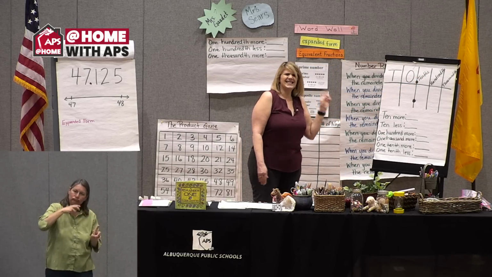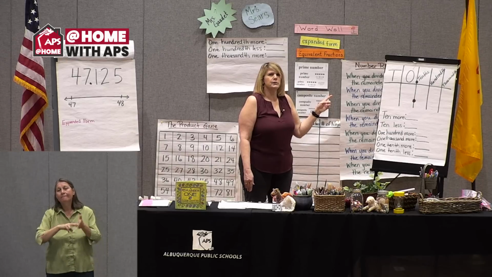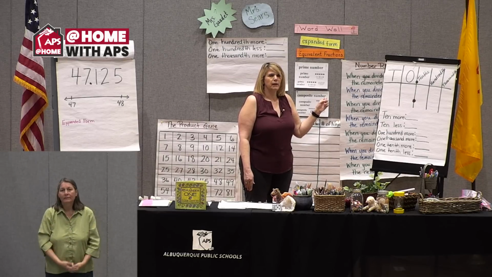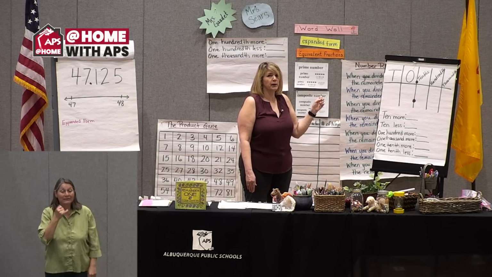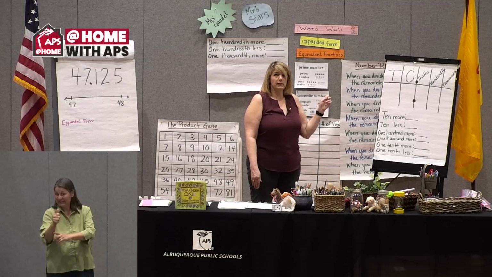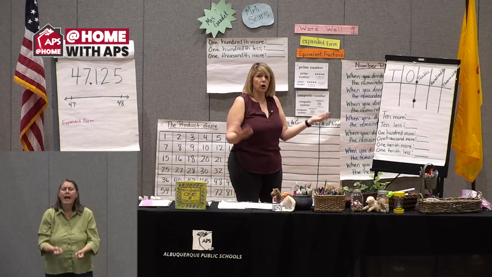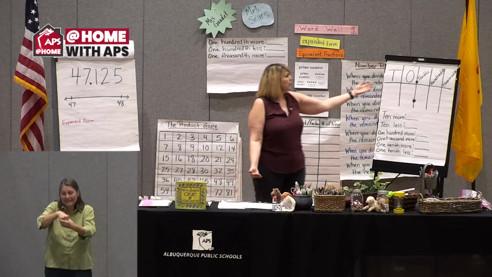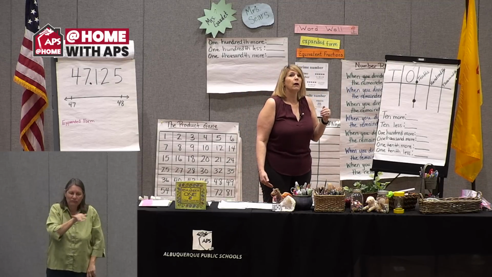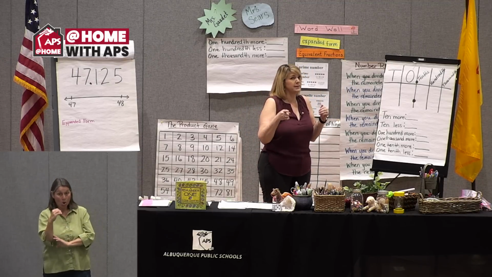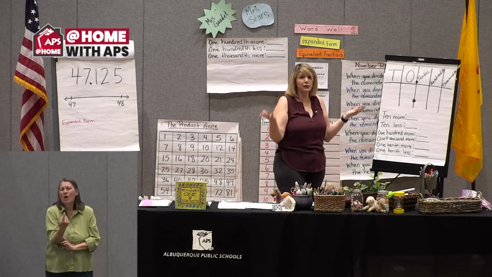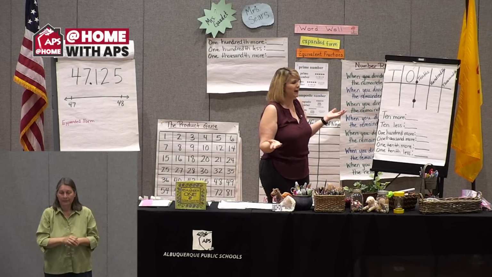What do you think that T stands for on this chart? If you said tens, you're probably correct. We're going to be talking about how many tens are in that number. What do you think the O stands for? Ones. Yes, ones. We're also going to be talking about how many ones are in that number.